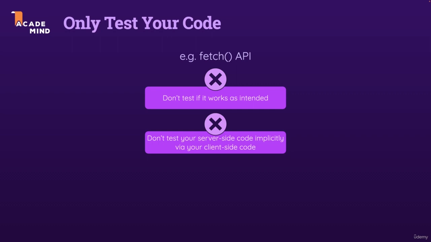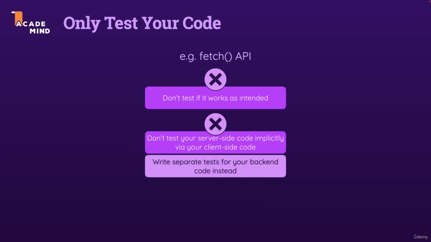If you own the backend, if it's your own backend API you're talking to, then you would want to write separate tests that run independently from the frontend tests in your backend project for your backend code. But you don't want to implicitly test your backend from your frontend with your frontend tests.